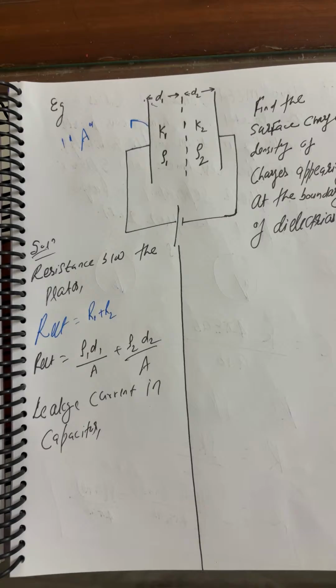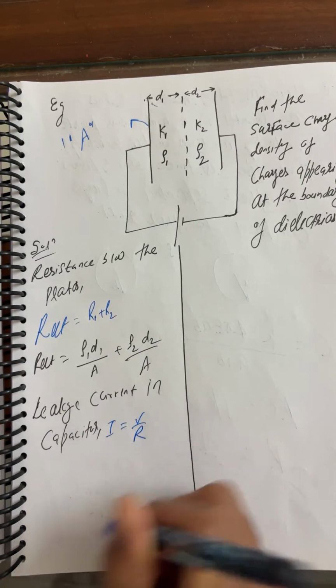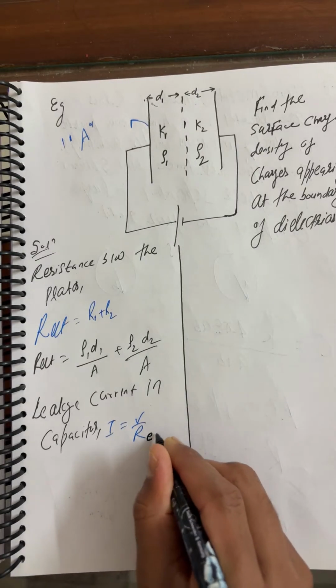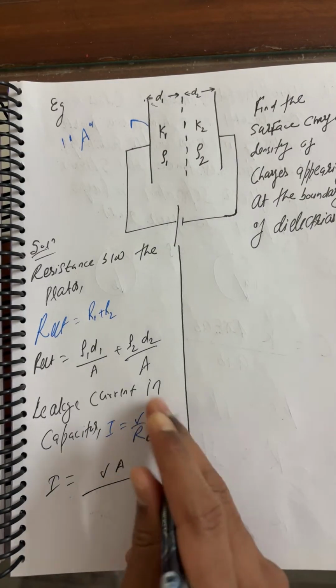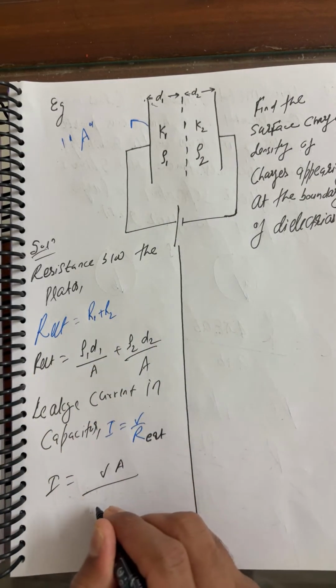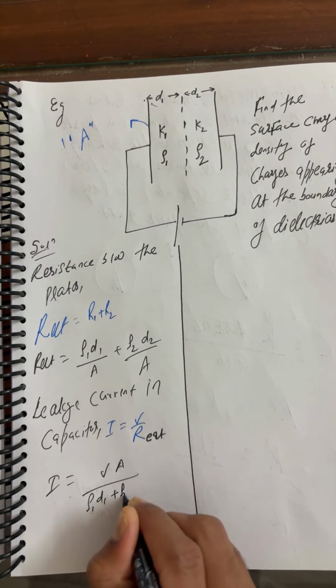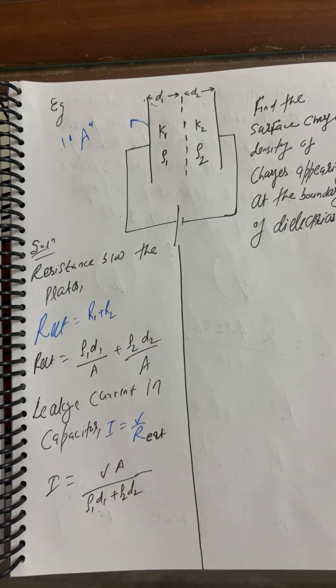So you can write I is equal to V by R, which we already found, or you can say I is equal to V upon R equivalent. So you can say V into A goes up here, over rho 1 D1 plus rho 2 D2, right?